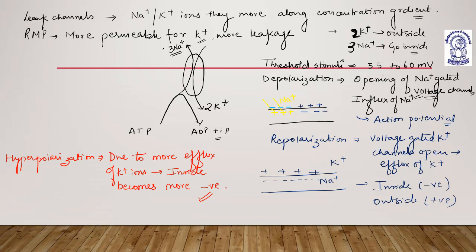This is a very important term, refractory period. It is a time period between two consecutive nervous stimuli or nerve conductions.